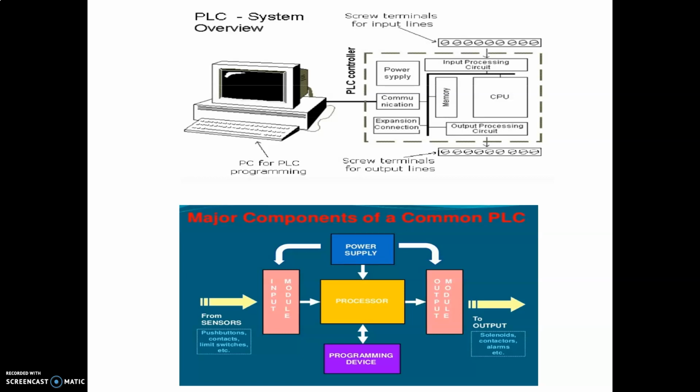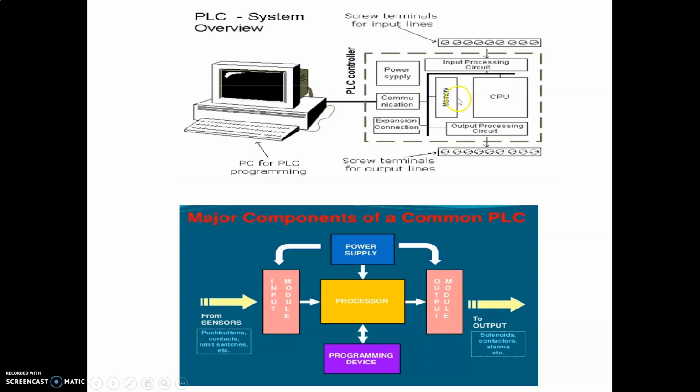This sensor signal is initially in analog form. We need to convert that analog form into digital form, and that digital form is stored in the processor. In this processor we can see the CPU, and also a memory.